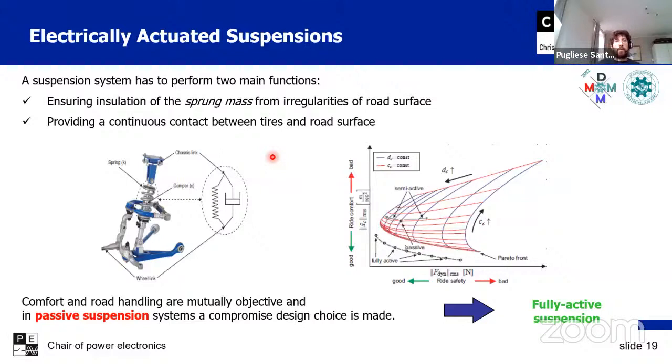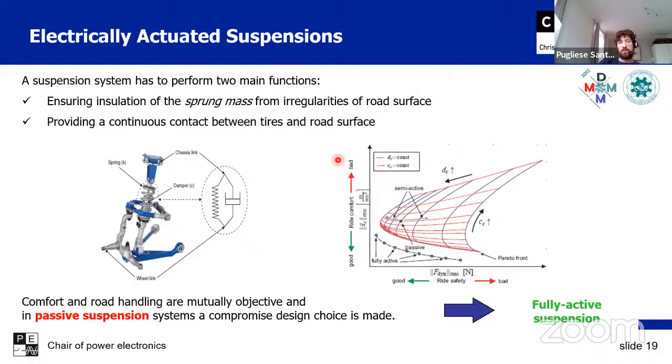Typically a pure passive suspension system can be seen as a spring with a damper, designed for some specific kind of road. When the damper and the spring coefficients are fixed, you cannot change them online, so you have no flexibility. And typically, when you do this design, you have to choose between comfort and road holding, because they are two objectives which are in contrast with each other. So your design should be a compromise.